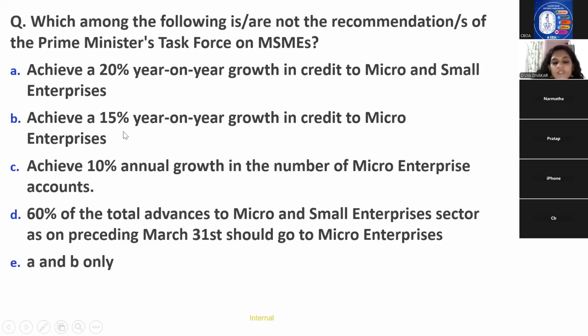Option B, achieve a 15% year-on-year growth in credit to micro enterprises. Option C, achieve a 10% annual growth in the number of micro enterprise accounts. Option D, 60% of the total advance to micro and small enterprise as on preceding March 31st should go to micro enterprises. Option E, A and B. Which is not the recommendation?